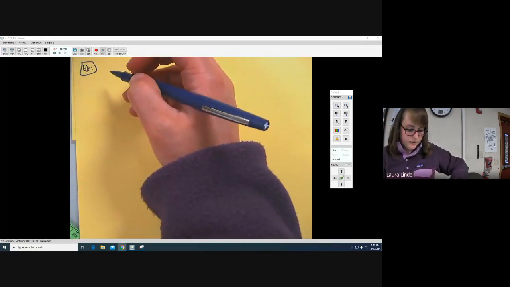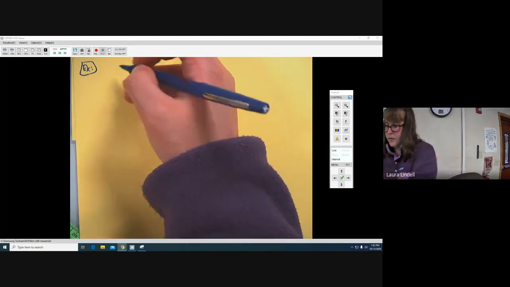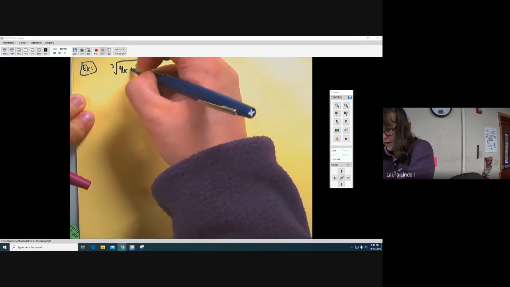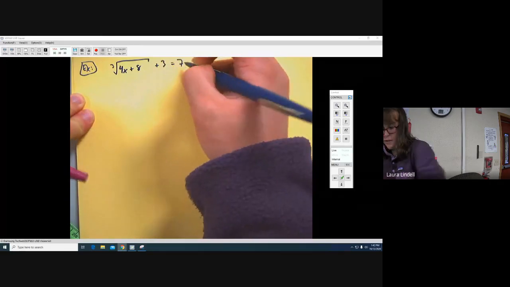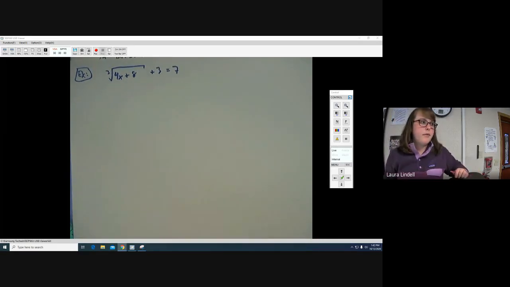Let's have you guys do the cube root of 4x plus 8, plus 3 equals 7. Okay, so go ahead and give that one a try. When you think you've got it, type done in the chat.